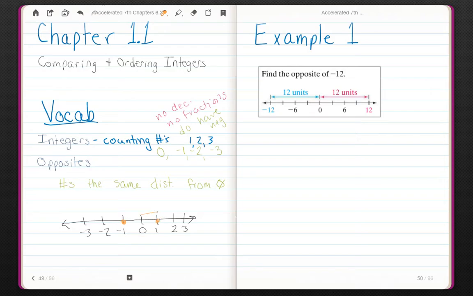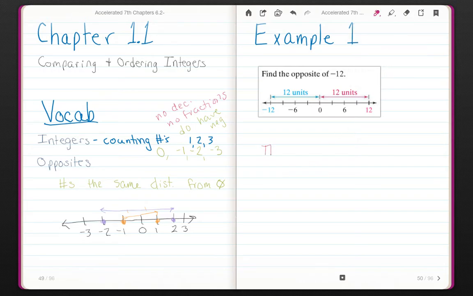They both lie 1 unit away from 0. 2 and -2 are opposites. They both lie 2 units away from 0. -3 and 3 are opposites, and so forth. So a negative and its positive, or a positive and its negative, those are opposites.